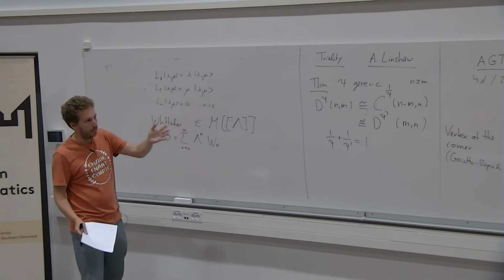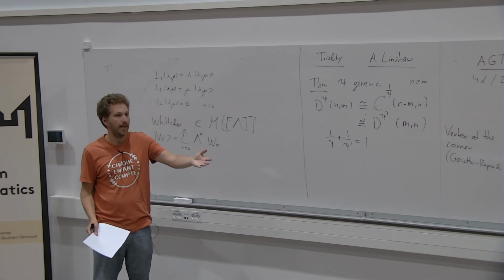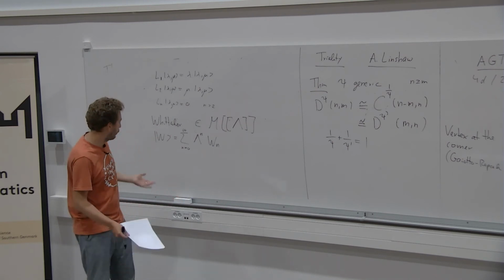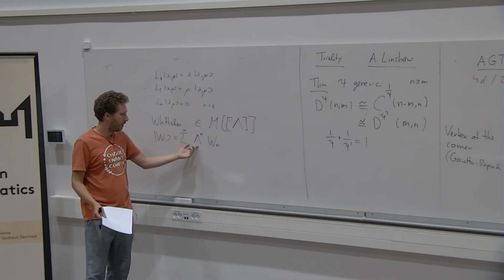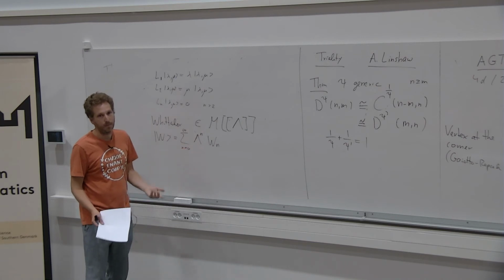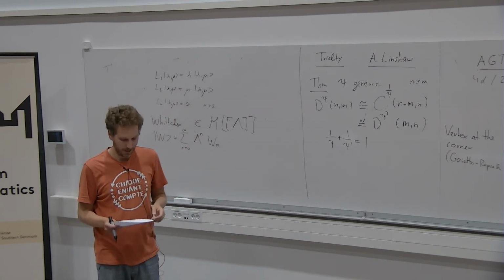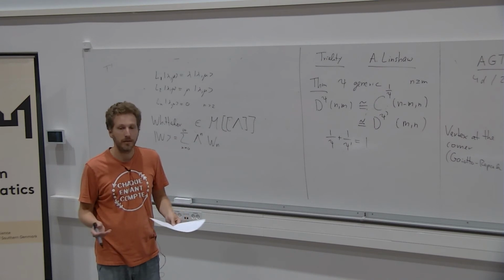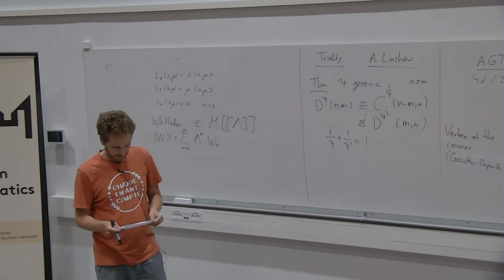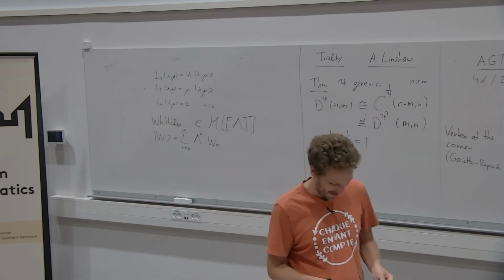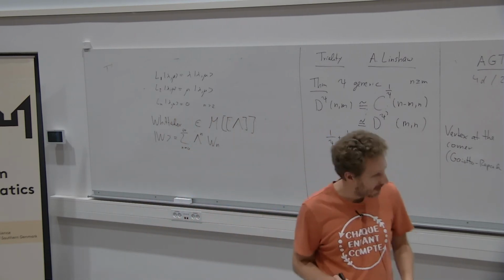The statement is that the geometric pairing is the VOA pairing, and both of them give you a power series in lambda, and this power series in lambda is also the partition function of Nekrasov, well-known physicist, and that's the statement of the theorem.